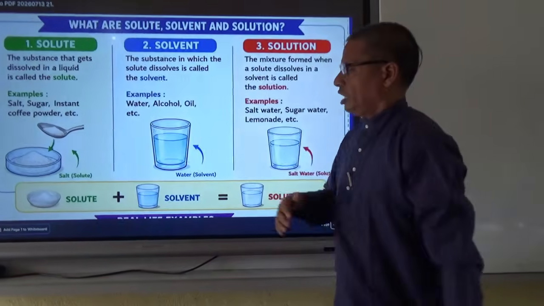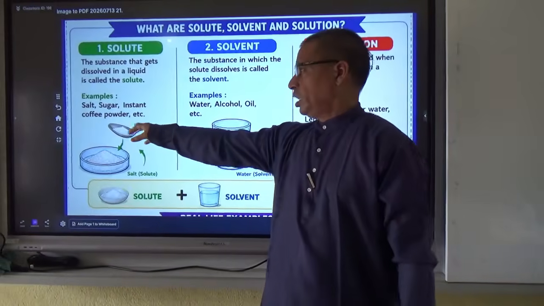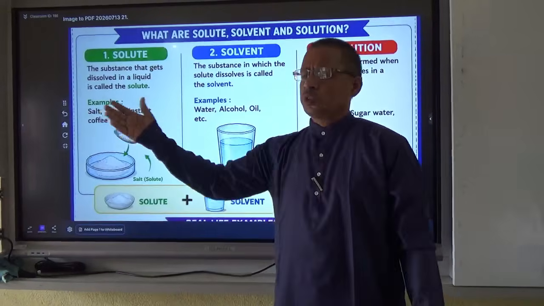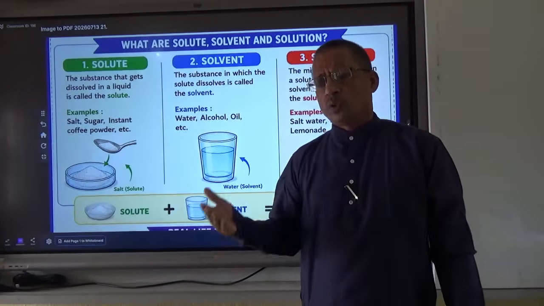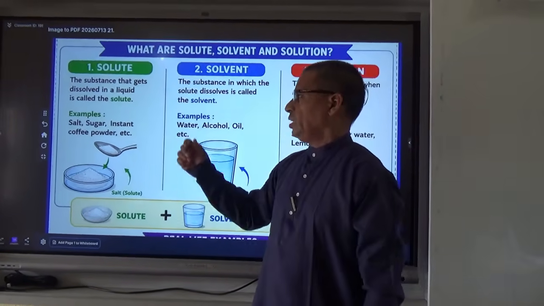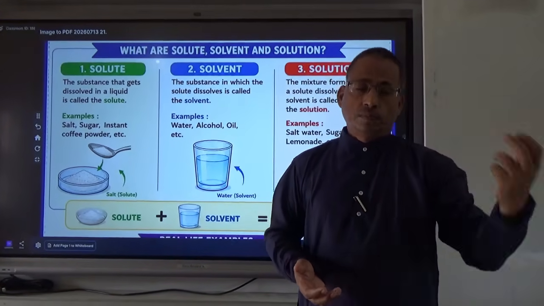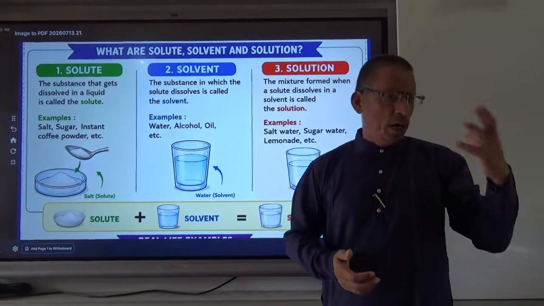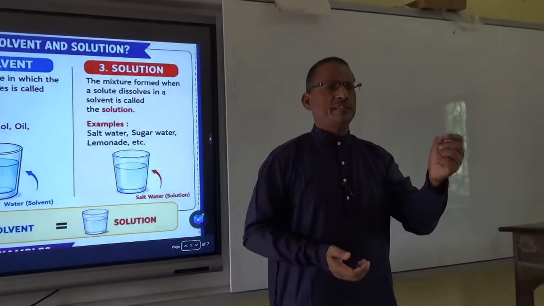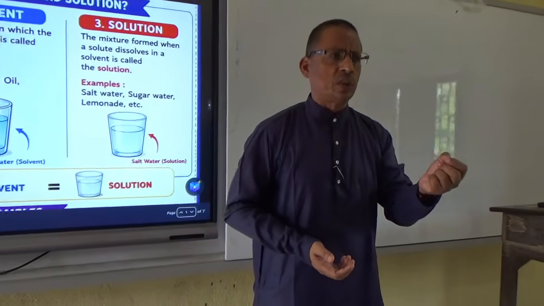And now, similarly sugar solution. We take sugar as the solute. For making an ORS solution, they contain some solid particles, a pinch of salt and sugar.